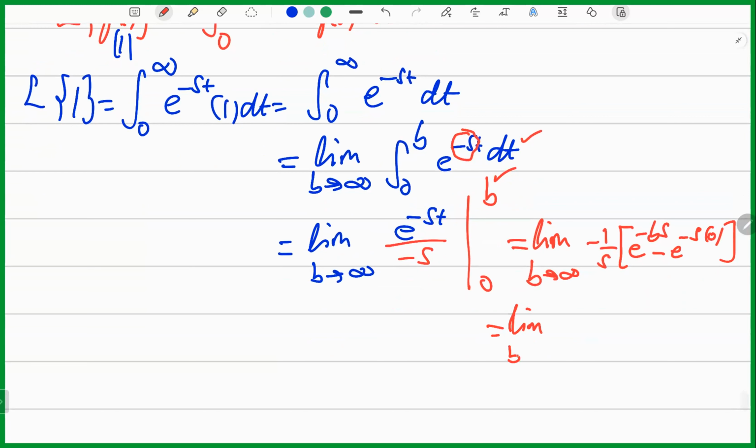Limit, minus 1 over s, which is e to the minus bs minus 1.